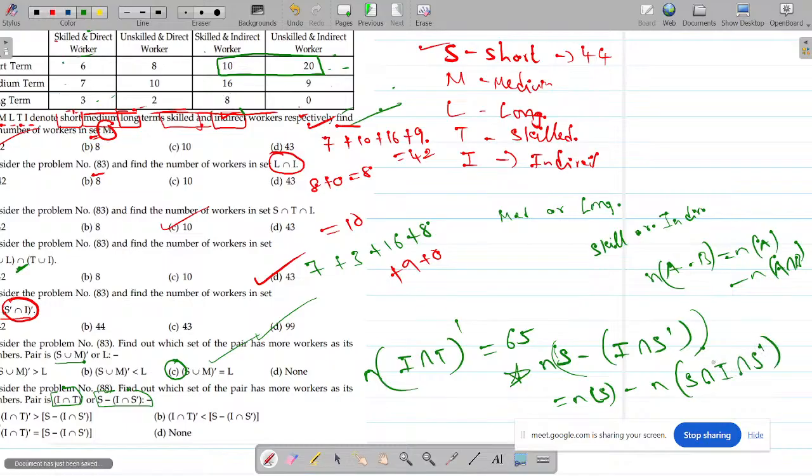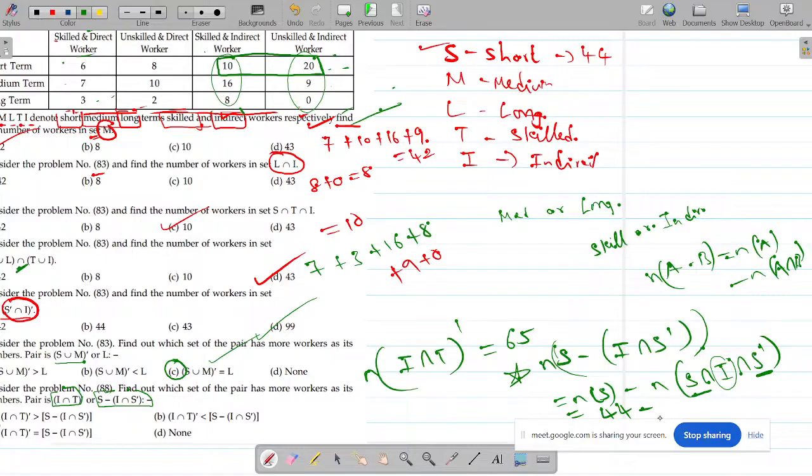Before going for the table, just see logically. What is S intersection S'? Null set. And you'll have I alone. So I is indirect, this full of I, right? So what is n of S? 6 plus 8 plus 10 plus 20, 30, 38, 44. So 44 minus n of I. I is this complete total.